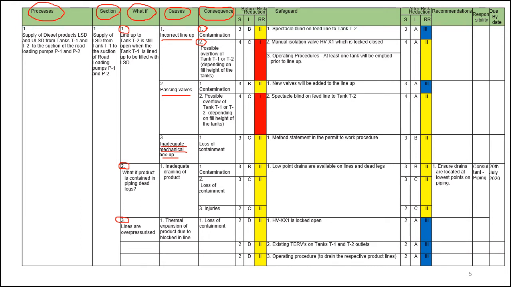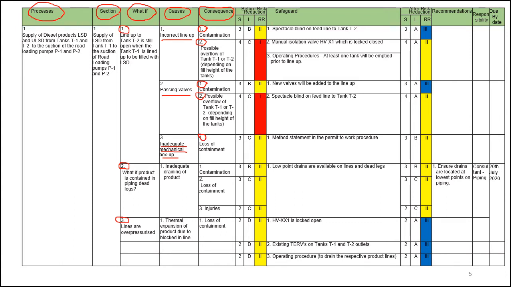We can also have causes of passing valves, which will cause, again, contamination and possible overfill of the tanks. And if we have inadequate mechanical box-up, then the consequence could be loss of containment.